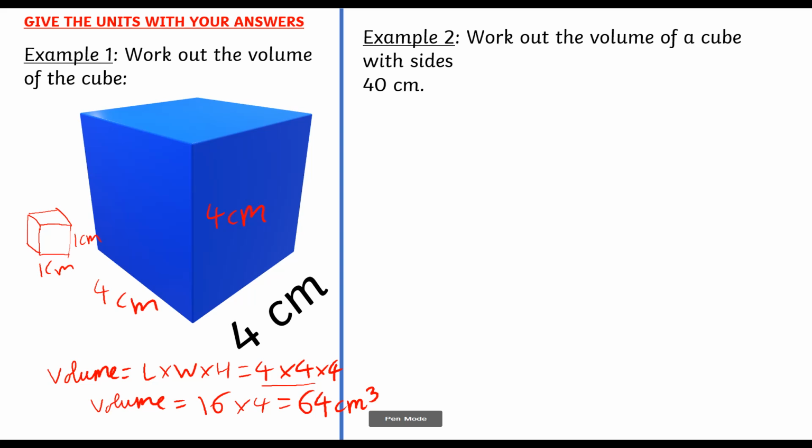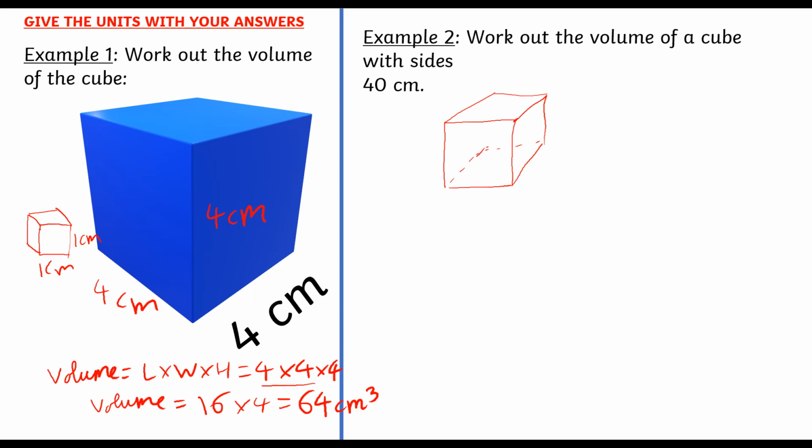But a lot of the time with cubes, they won't give you a picture. You'll have to work it out. So for example 2, we need to work out the volume of the cube with sides 40 centimeters. We could draw a picture to help us if we wanted to. It'll basically be a cube, so a square face, and I just do parallel lines. Not very well, I'm not the best at drawing.